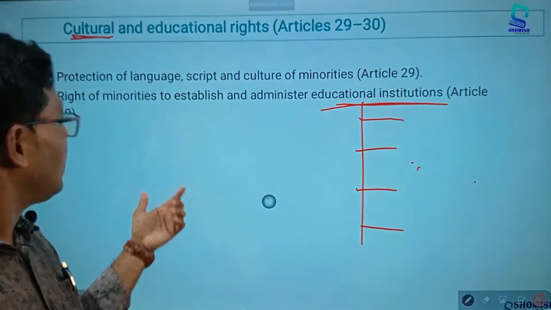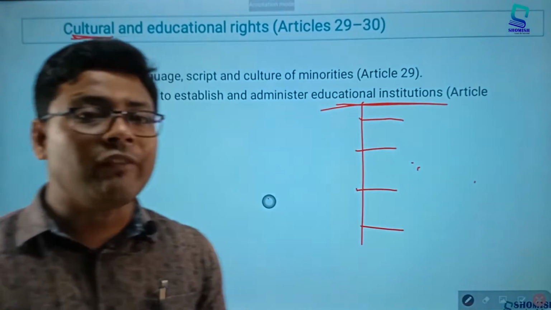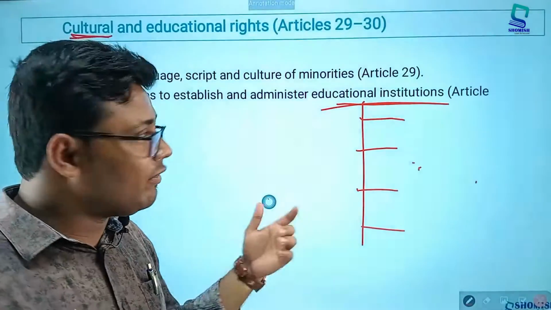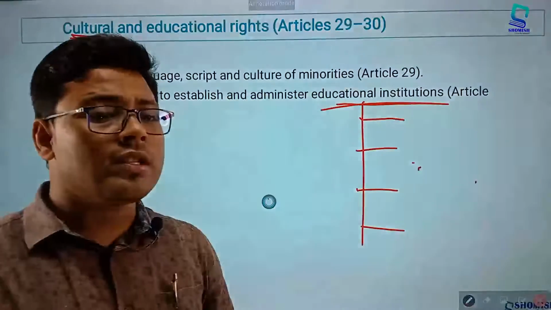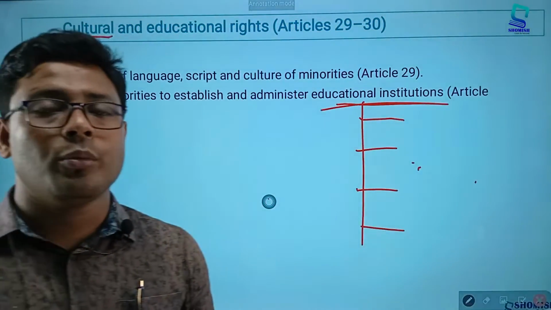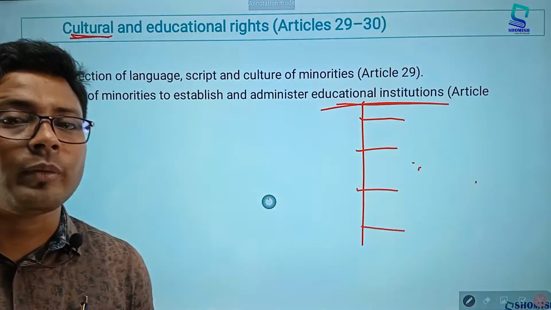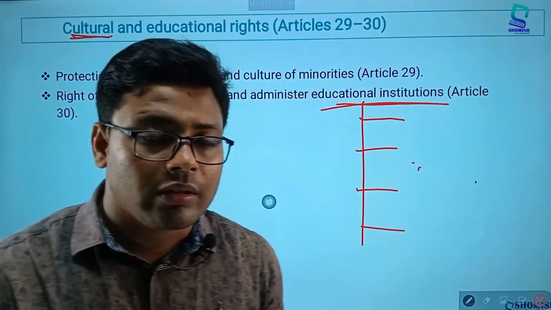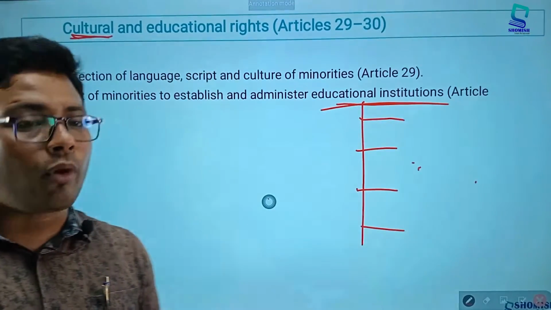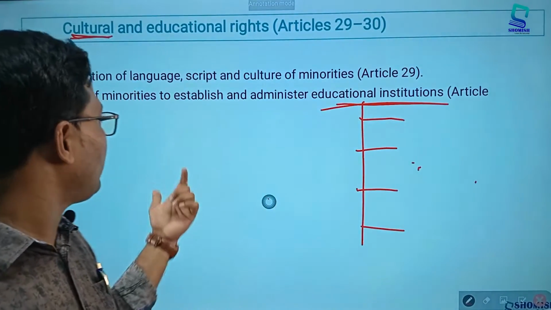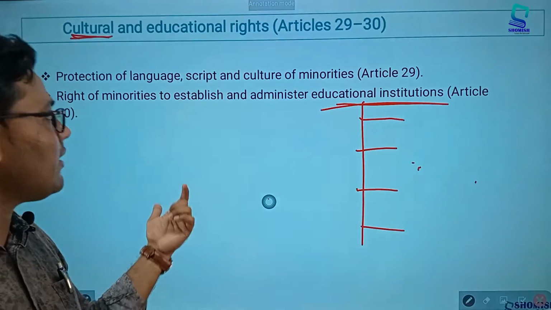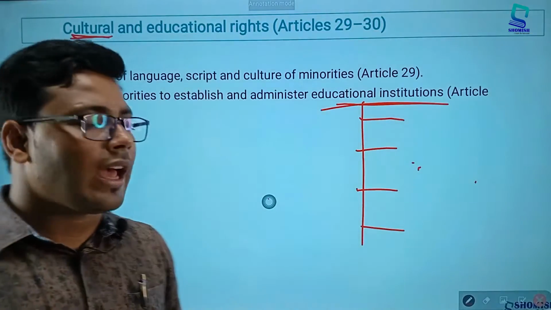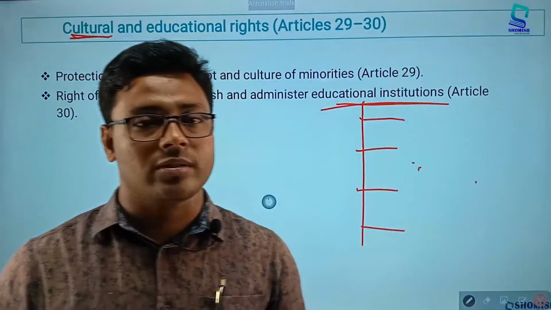And if we are deprived of the facilities or privileges of these institutions, we can say it is a breach of our fundamental rights, and it is the basic responsibility of the state to protect this right and to ensure the interest of the minorities to administer educational institutions.